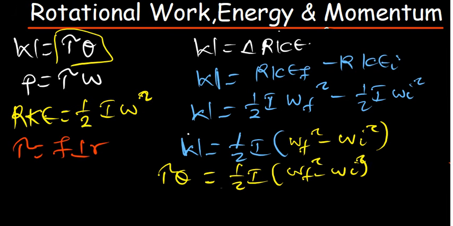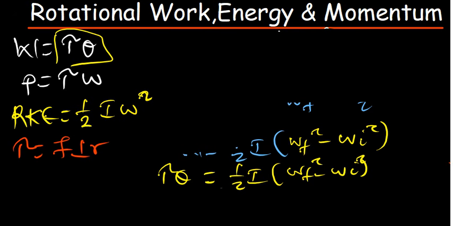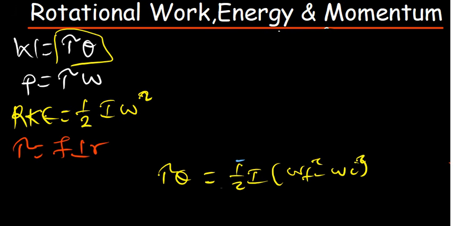Now I can replace the final angular velocity squared minus the initial angular velocity squared with something else. I can clearly see that this is coming from this formula: the final angular velocity squared is equal to the initial squared plus 2 times angular acceleration times theta.